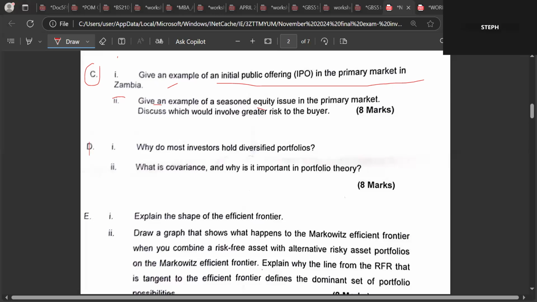Because when you hold a range of assets with different risk-return profiles, as an investor, you're able to achieve an optimal balance between both risk and expected return. Diversification will then allow you to potentially earn better risk-adjusted returns than if you invest in a single asset.